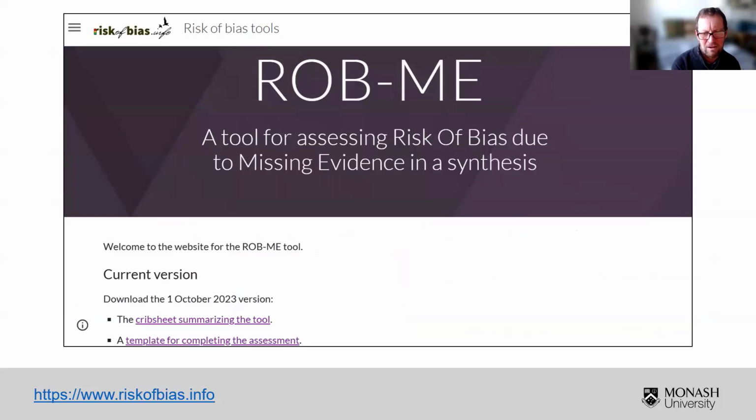So when we make minor changes, we make that available online. And the ROB-ME tool can be found at the website riskofbias.info, as can latest versions of the other tools, ROB2 and ROBINS-I and ROBINS-E. Next, please.